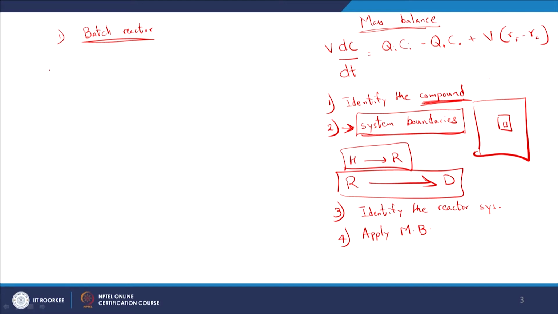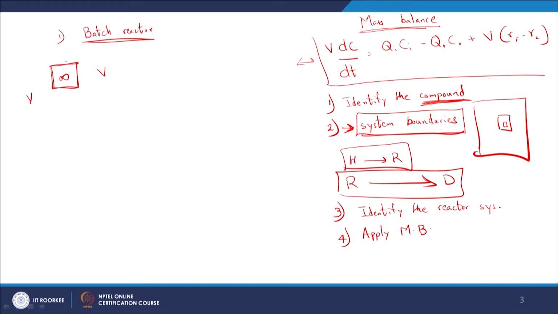We talked about what a batch reactor is. It's a closed system that's continuously stirred, or completely mixed, but the key is that there is no flow coming in or going out. So I am going to apply this particular mass balance equation here. V is the volume of my system, and these are the system boundaries.